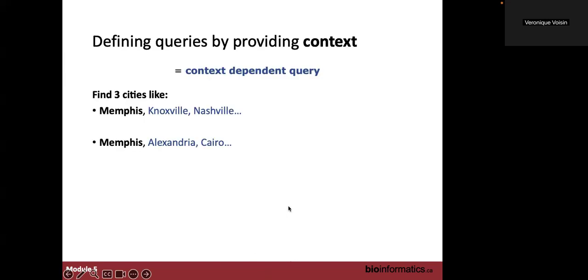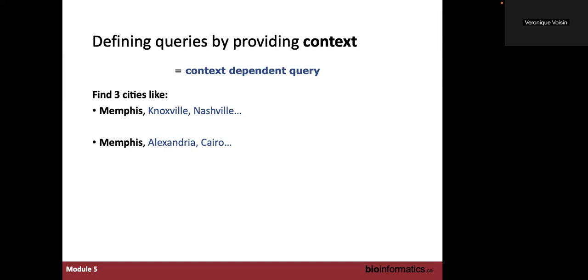So now we will go away from the biology just to understand what is a context-dependent query. We will use a well-known recommender system, ChatGPT, to find 3 other cities like Memphis. So Memphis, the city in Tennessee, US, and then we will provide two different contexts.